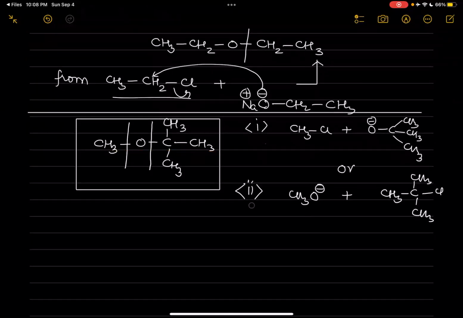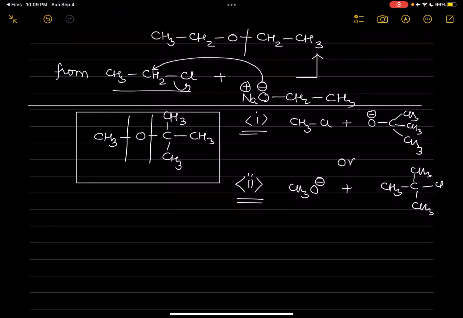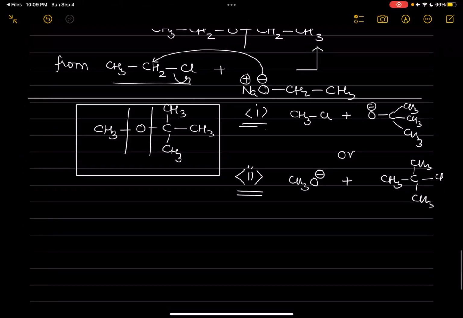Yeah, Darshan. The first method or the second method? And what is the mechanism of this reaction? Yeah, tell me. This is SN2. Okay.